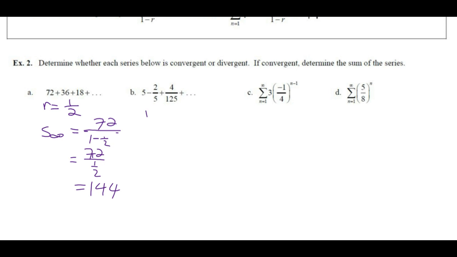Next one, what's r? Let's show some work. -2/5 divided by 5, which is -2/5 times 1/5, which is -2 over 25.